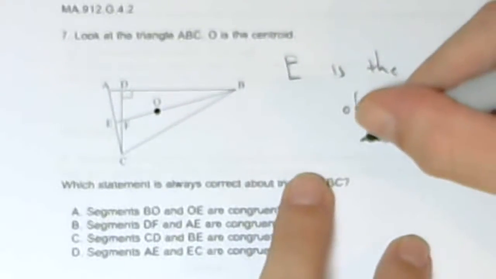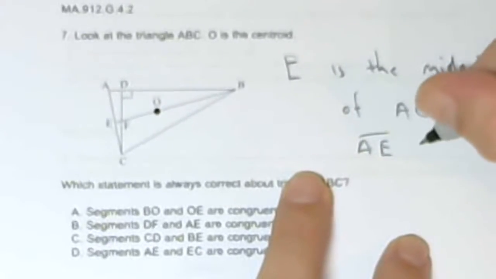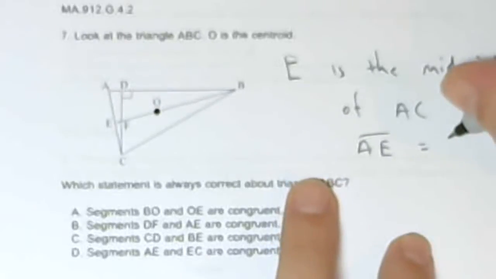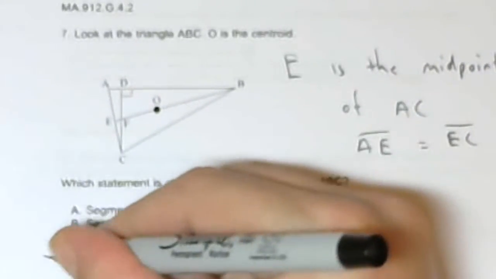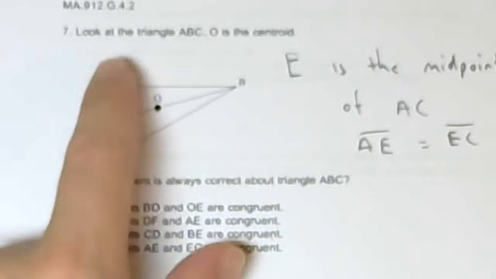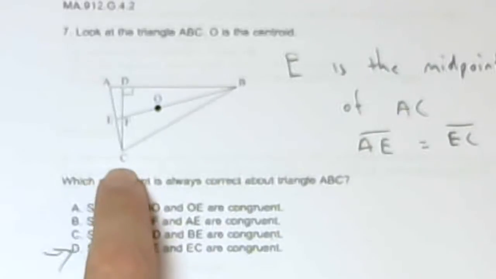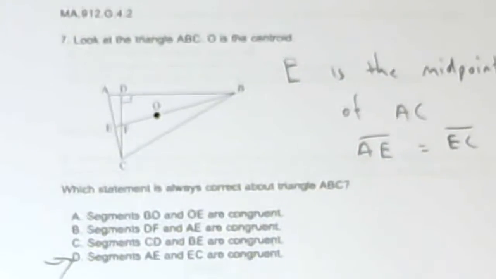That means that line segment AE is going to be equal to line segment EC, which is choice D. It throws you off a little bit, which is always correct, but we don't need DC drawn at all for that. That's not related to solving the problem.